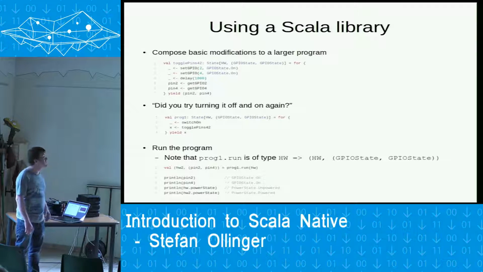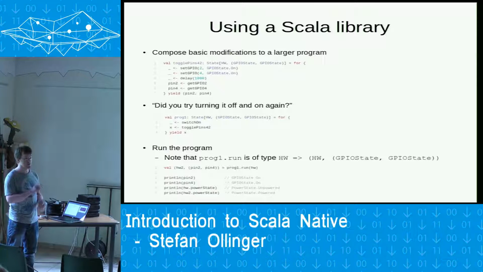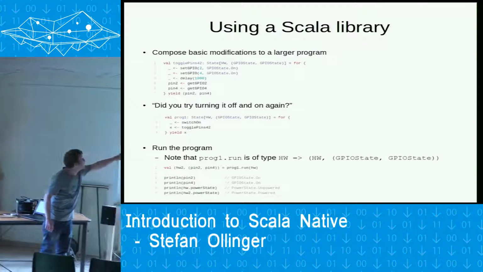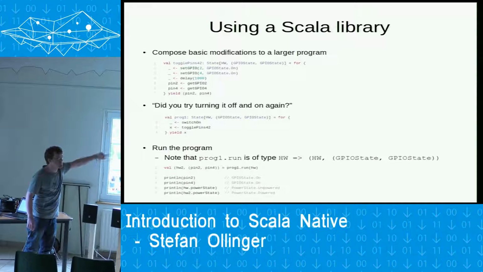And we can put those blocks together to a larger program. For example, set the pins 2 and 4 to on, delay for 1000 milliseconds, and return the values of the GPIO pins. So we need to switch the device on, and can reduce the larger program into an even larger program.